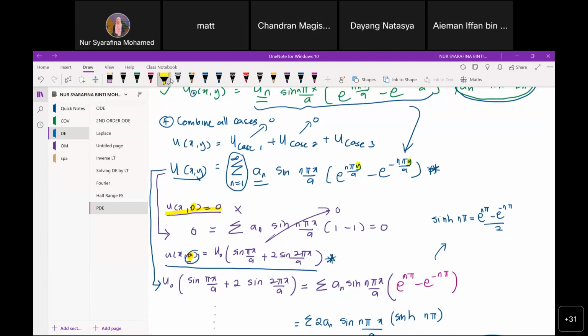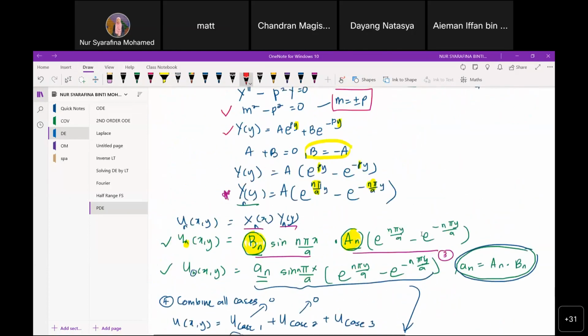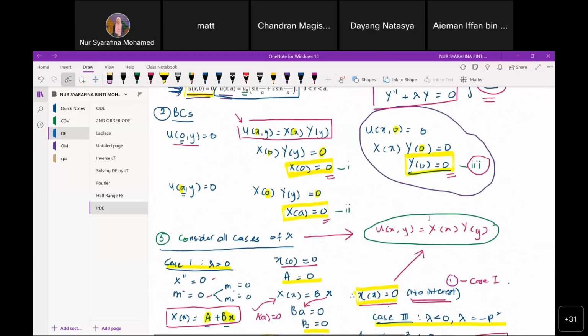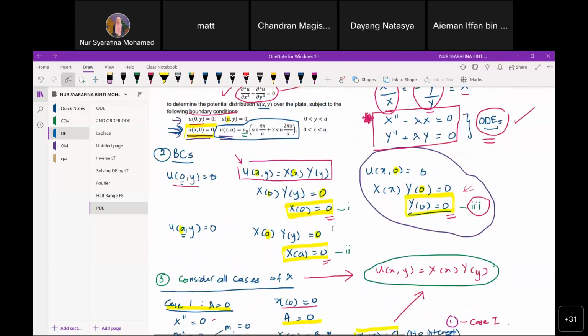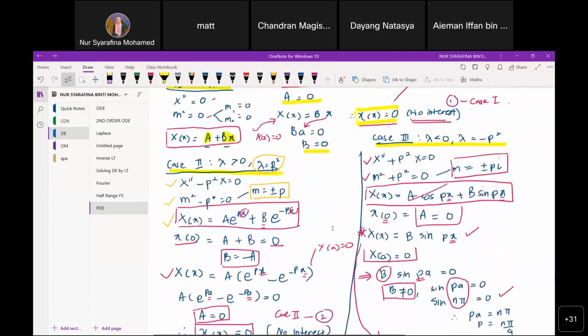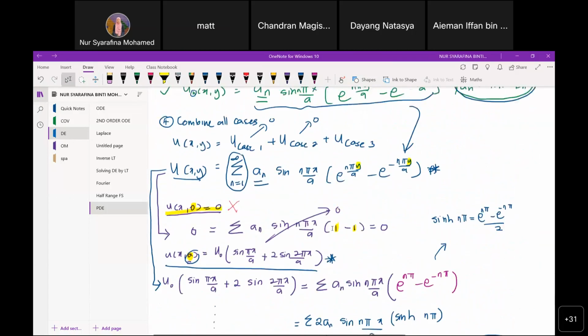Then this is 1, and 1 minus 1 is 0. Then we cannot use this. Actually, why can we not use this? Another reason is because we have used this condition previously, in here. But still, you have to check. Sometimes you can use it again.